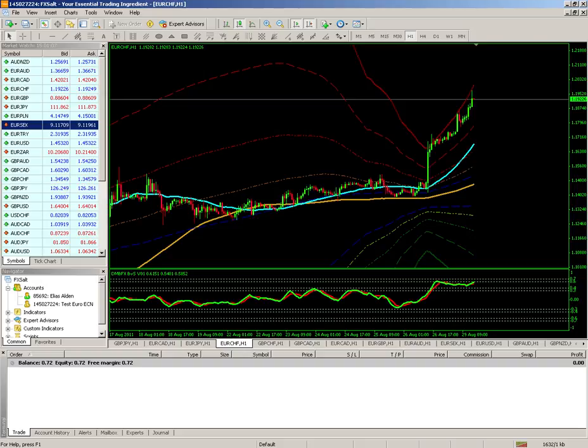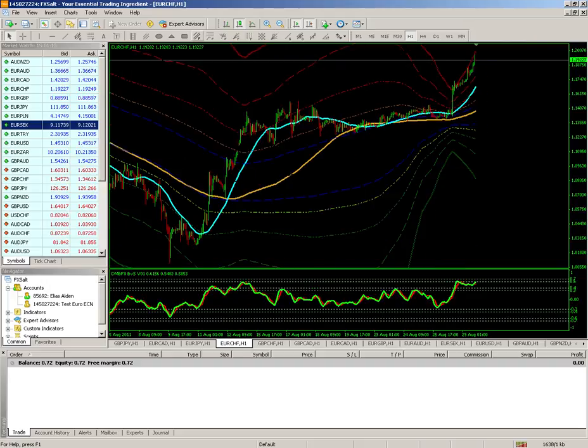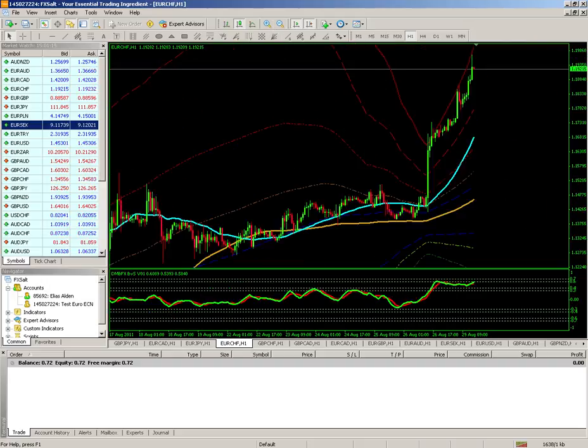And the fourth condition is, if we're going to do a sell, for example, that the last candle has to be moving down, like you can see here. If we're going to do a short sell, that means the last candle has to be moving downwards.